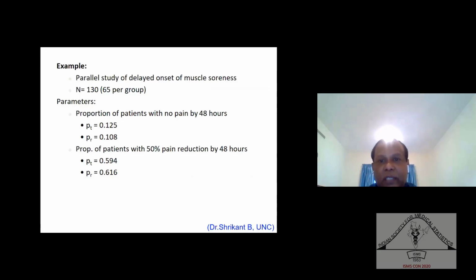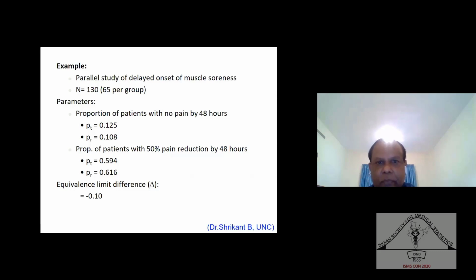This is two interventions, muscle soreness. There are 65% of patients in each group, and the event rate for the newer treatment is 12.5%, and the reference treatment is 10.8%, and there is a margin of 10%. What is the question?